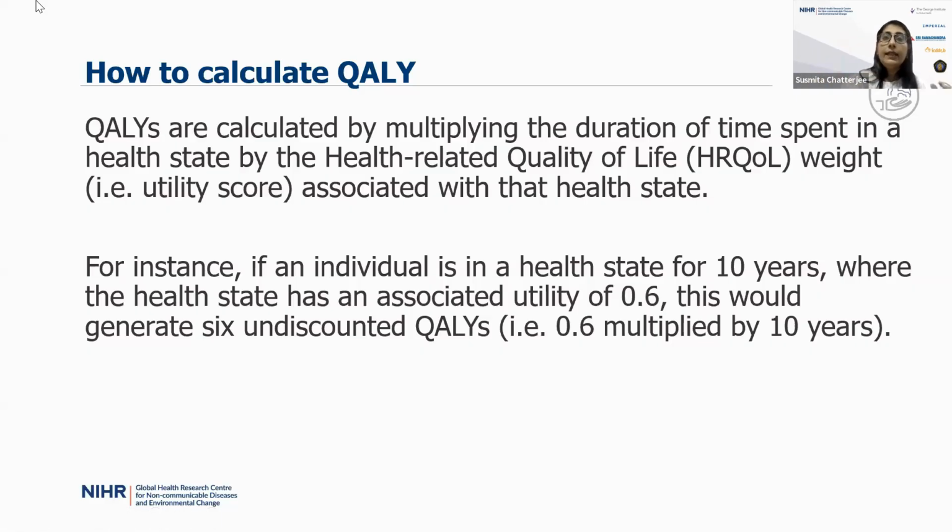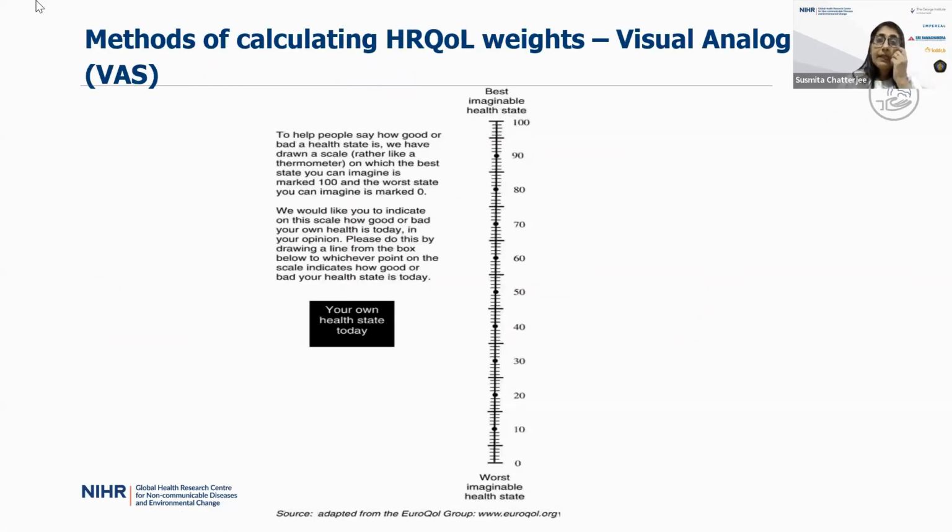Because here I will live in a state where I have to rank, or say how I am ranking my quality of life in that state, right? So there are different ways of doing it. Let me straight away go to this, because there are direct methods and some indirect methods.